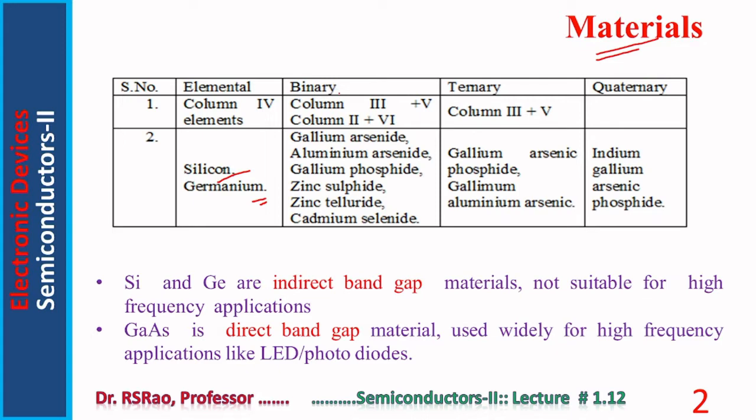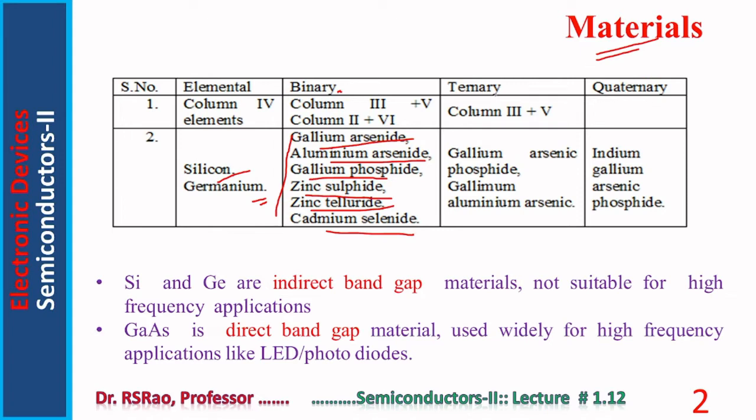These materials are formed out of column 3 and column 5, and some are formed out of column 2 and column 6 materials in the periodic table. Examples for such binary composite materials, a list is given here: gallium arsenide, aluminum arsenide, gallium phosphide, zinc sulfide, zinc telluride, cadmium selenide.